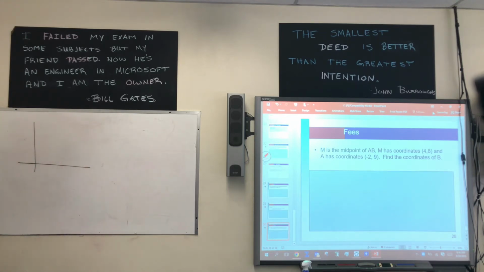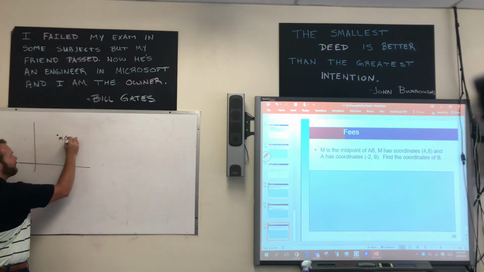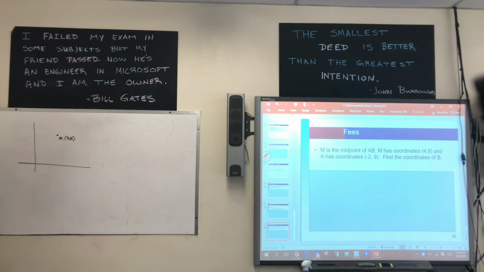Okay? Again, I think it's beneficial to draw a rough sketch. Okay, so M is at 4, 8. Maybe that's right there. A, I've got negative 2, 9. Okay, so like I said, this is an endpoint. That's x1, y1. This is your midpoint. That's xy for our formula.